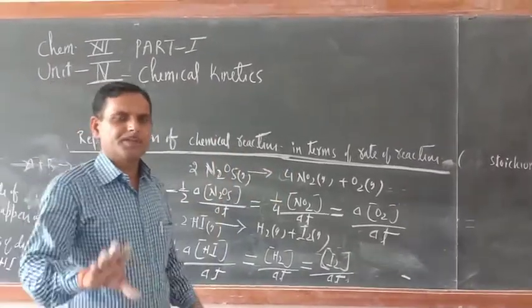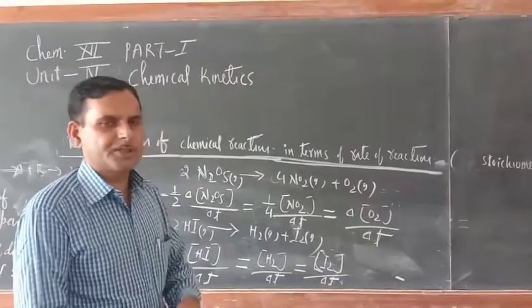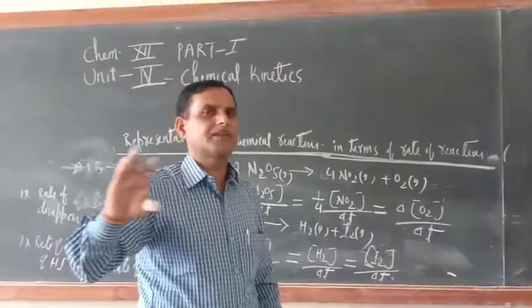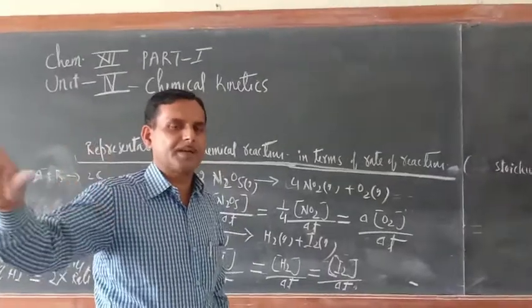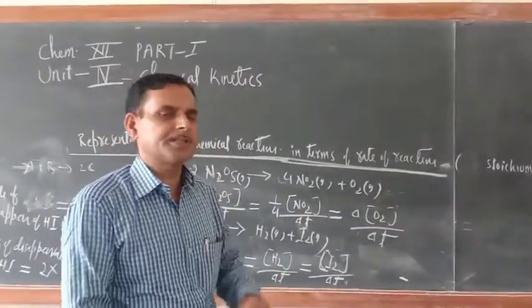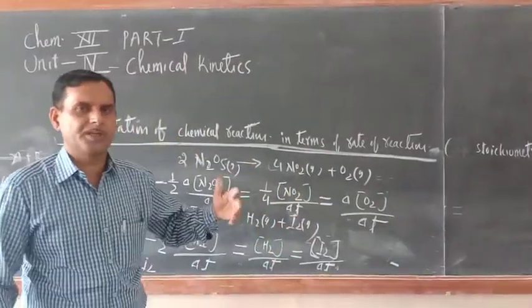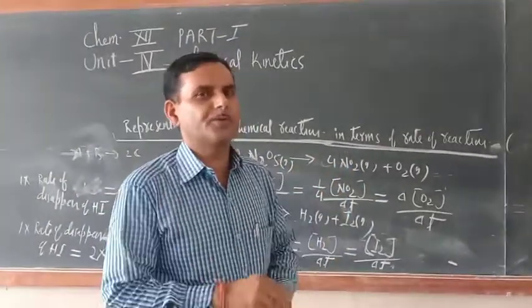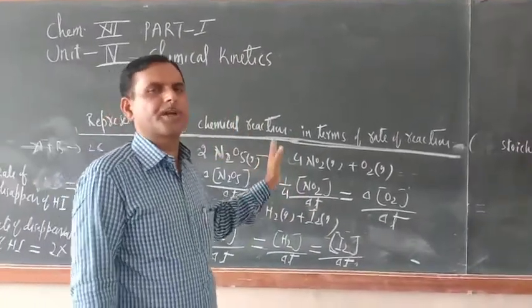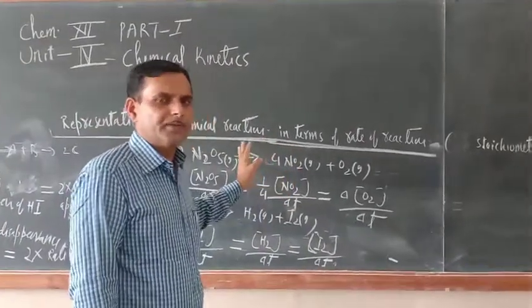In this way, today's teaching is almost over. Next time onwards, I will teach types of rate of reaction, average rate of reaction, instantaneous rate of reaction, their representation, and many things. Next time onwards, I will give you the questions also. Today it was the first, introductory class, so I am not giving you questions and answers.